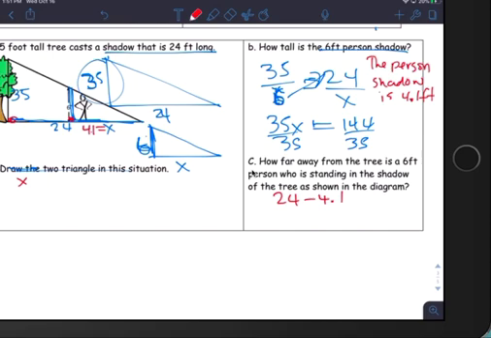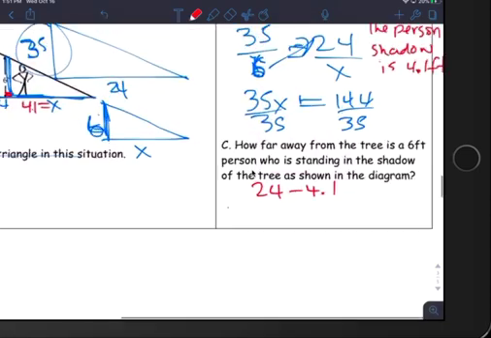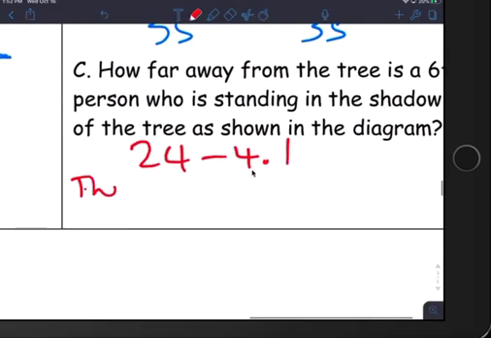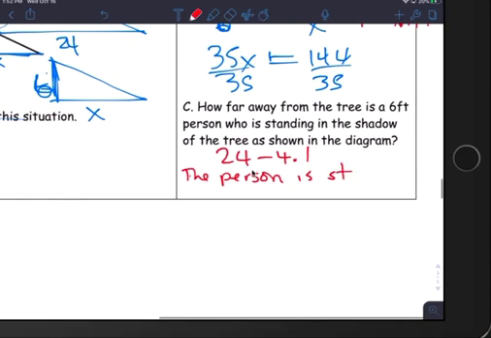I should have known that. The person is standing 19.9 feet away from the tree.